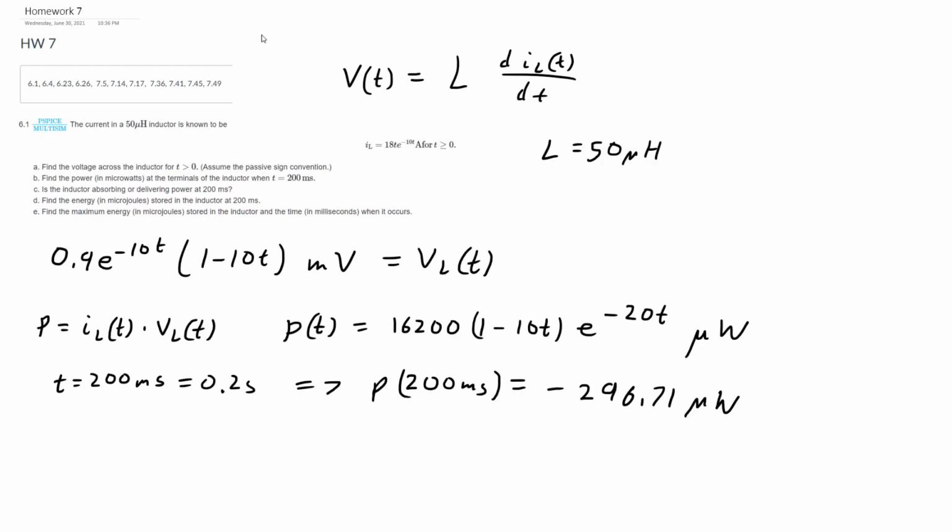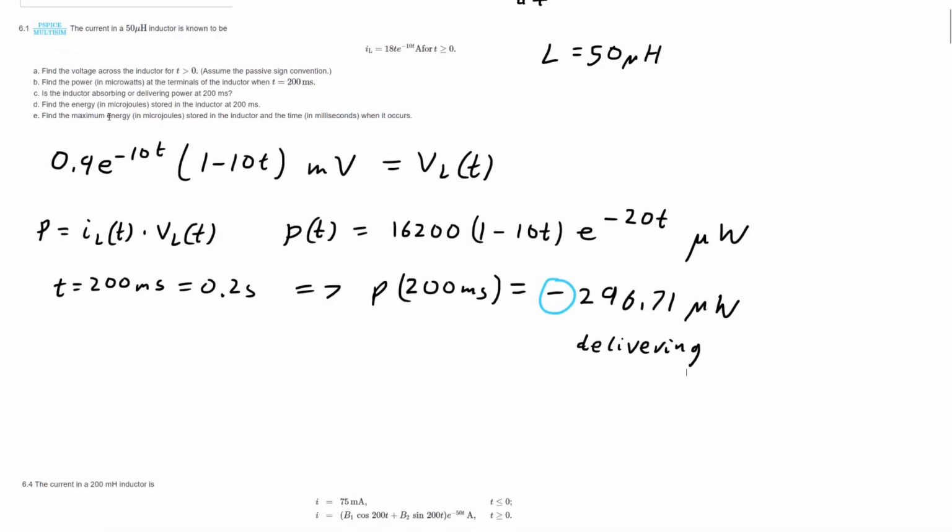Now it's asking if the inductor is absorbing or delivering power. Well, we get a minus sign here, so it is delivering power at that instant in time. This can change as it charges or discharges, basically.